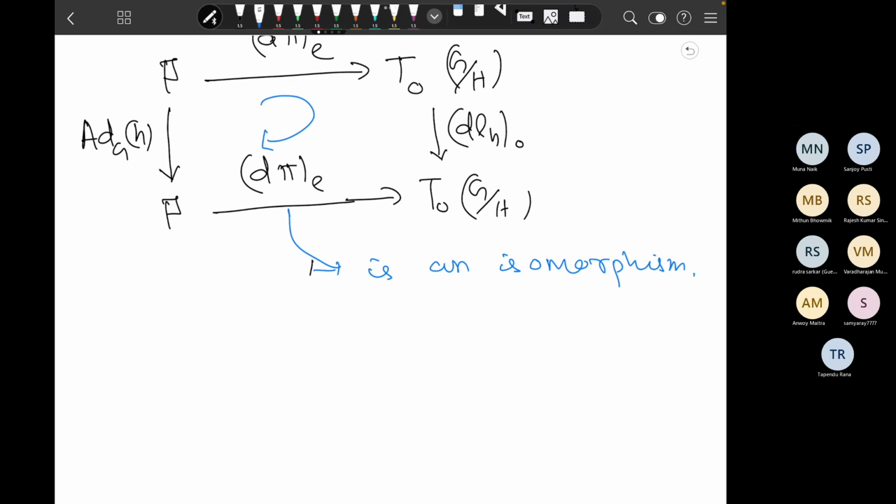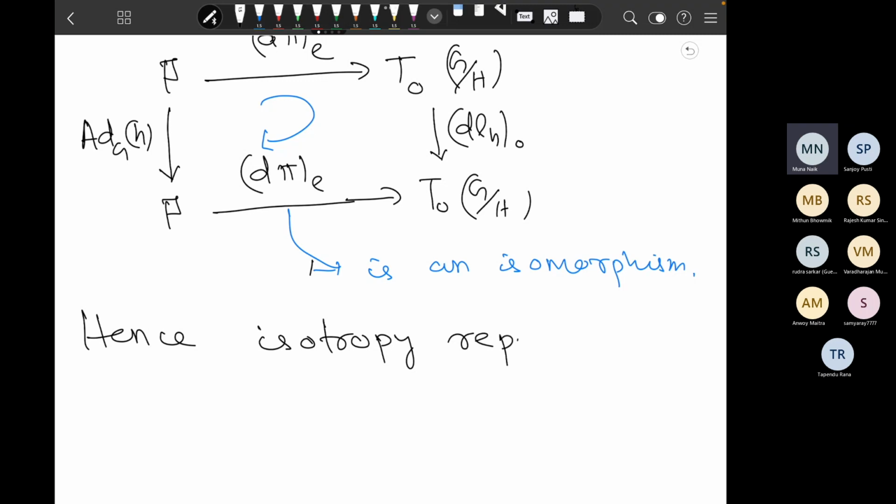Hence I am just writing this thing: isotropy representation tau.